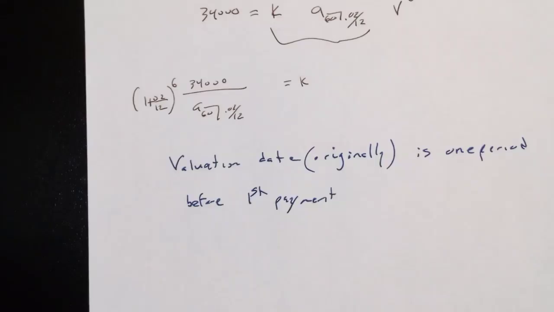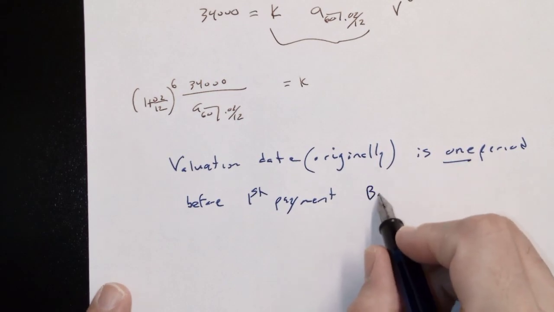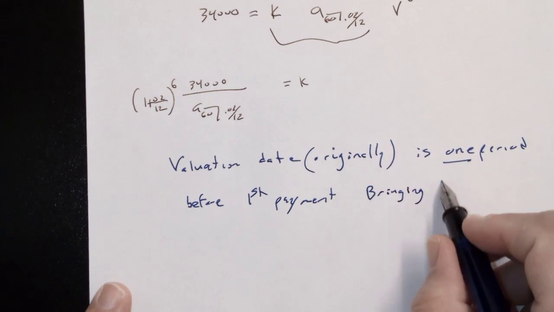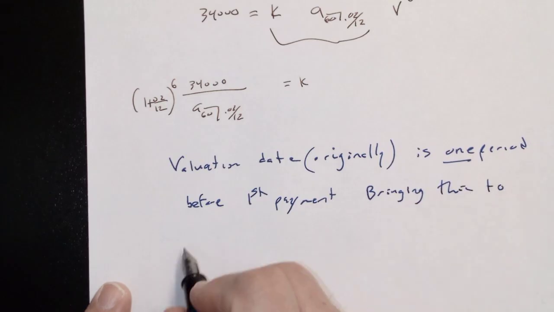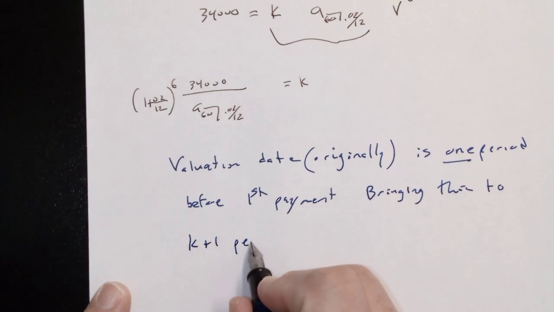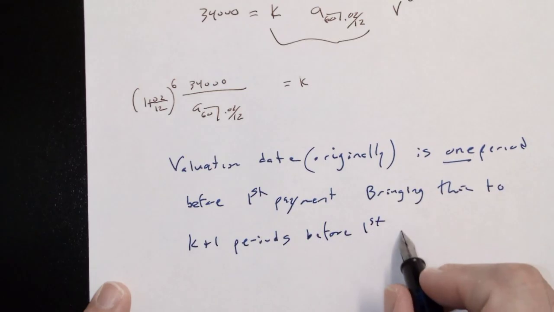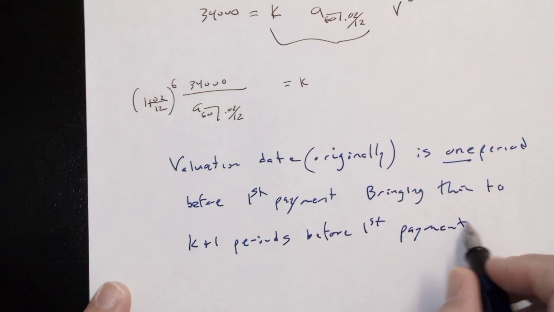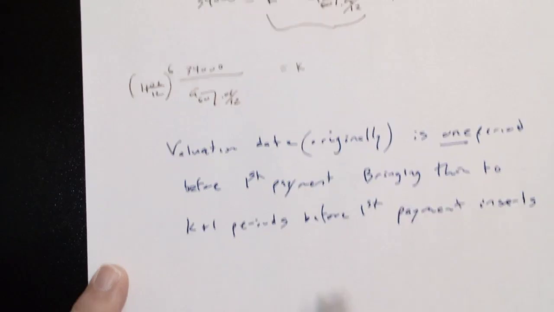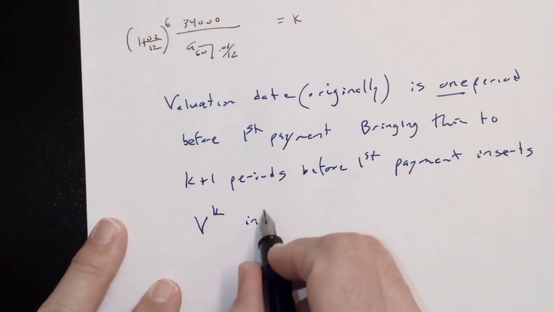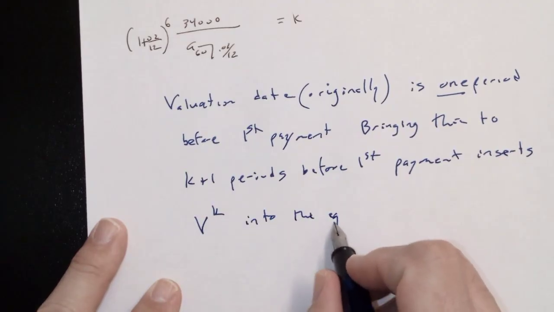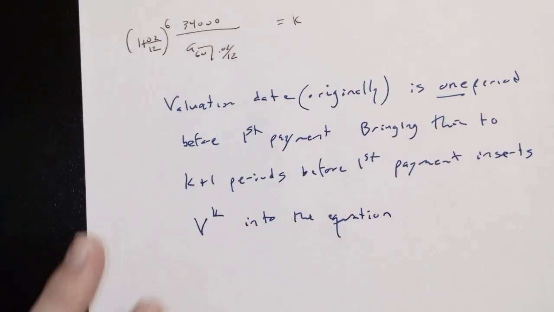Instead of bringing it back once, I brought it back 6 more times. And that's why I didn't put a v to the k plus 1. I just put a v to the k.